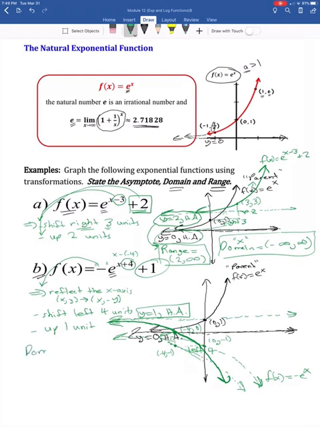We know, of course, the domain is all real numbers. That doesn't change. It's always true with exponential models. E to the x, a to the x, a being some number greater than 0, not equal to 1. Now our range, which lists the y values, is dependent on that horizontal asymptote that we have. So at y equal 1, that's what we converge on.